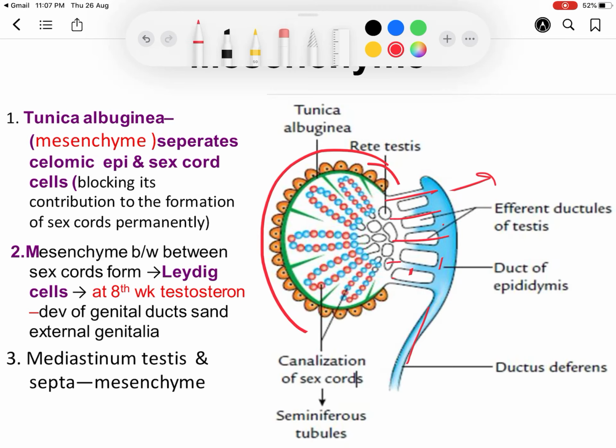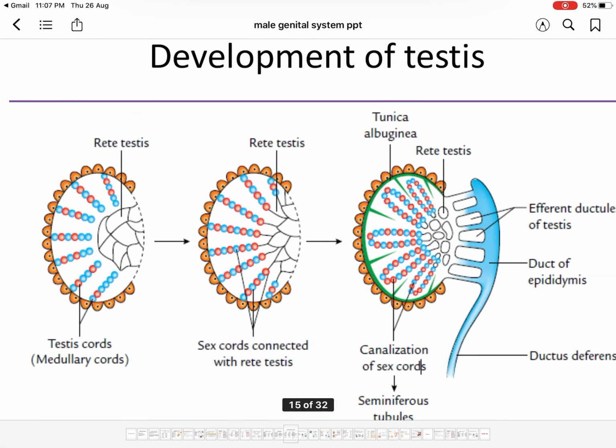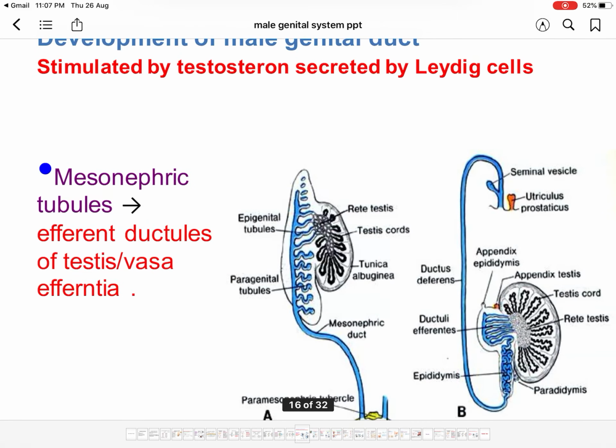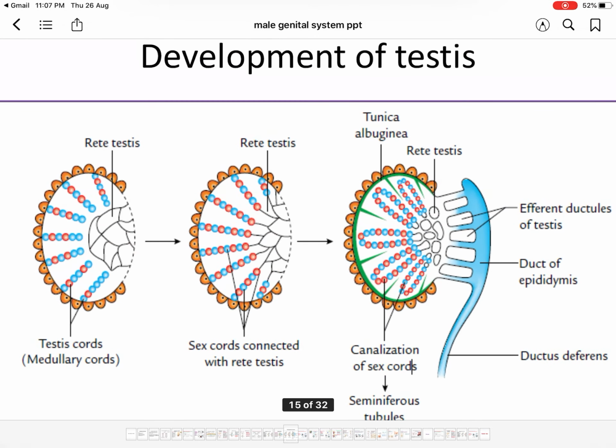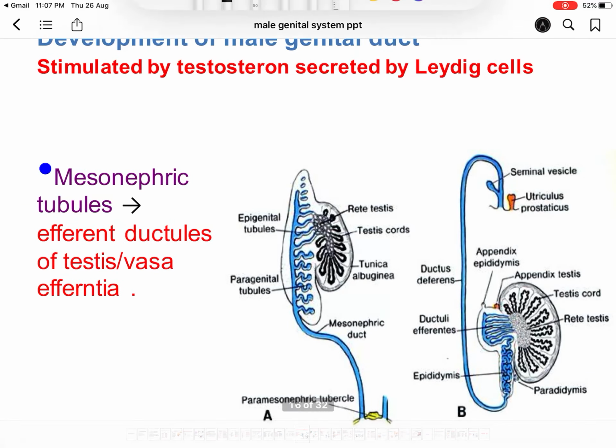These are the mesonephric tubules and this is the mesonephric duct. Now the communication between mesonephric tubules and mesonephric duct has been developed with the rete testis.